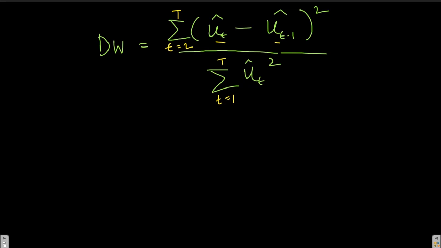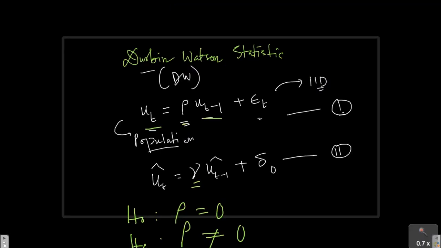Whereas in the denominator I start from the very first term, period 1, so t equals 1 to T. So you see there is one term less in the numerator. Let me illustrate how we calculate the Durbin-Watson statistic in a moment. But before that, let me write down how the Durbin-Watson statistic is related to this gamma here.